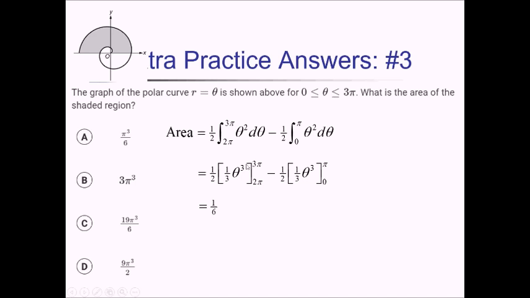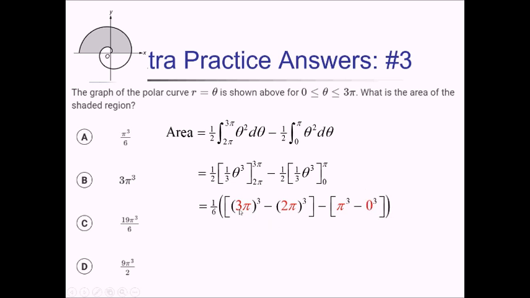So I have 1/6 times theta cubed with 3 pi plugged in minus this with 2 pi plugged in. So this would be a 3 pi quantity cubed minus 2 pi quantity cubed. So this bracket here takes care of this evaluation box. And then I'm going to subtract the results of this evaluation box, which after I take out that 1/6 is going to be just pi cubed minus 0 cubed. Got to simplify this.